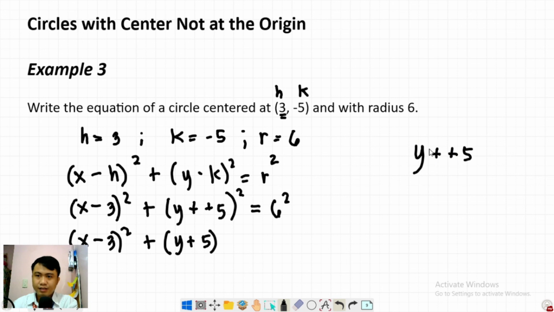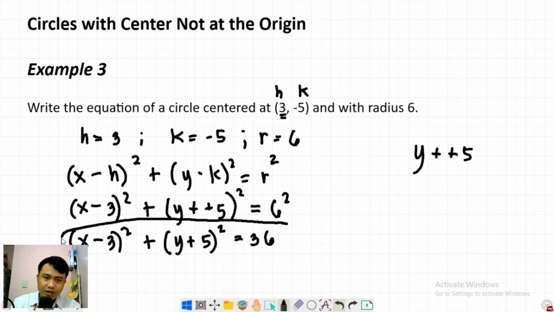Copy the sign of this. Change this. And change this also. Okay, sana nga. Kung hindi, balitaan nyo ako kung bakit hindi. Okay, 6 squared. 6 times 6 is 36. Ganun lang po. Ito na yung ating equation ng ating circle in standard form. Yan. So, napakadali, no? Okay, next.